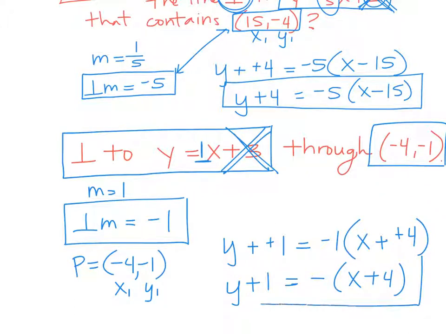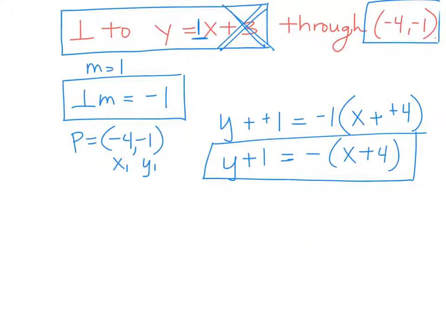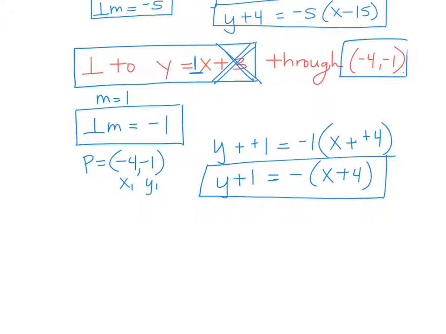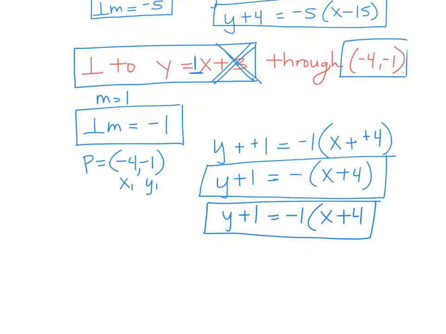Okay, so you can write it like this, or if you prefer, you can write it like this. y plus 1 equals a negative 1 times x plus 4. Okay, so either one of those is totally acceptable. Any questions on that?